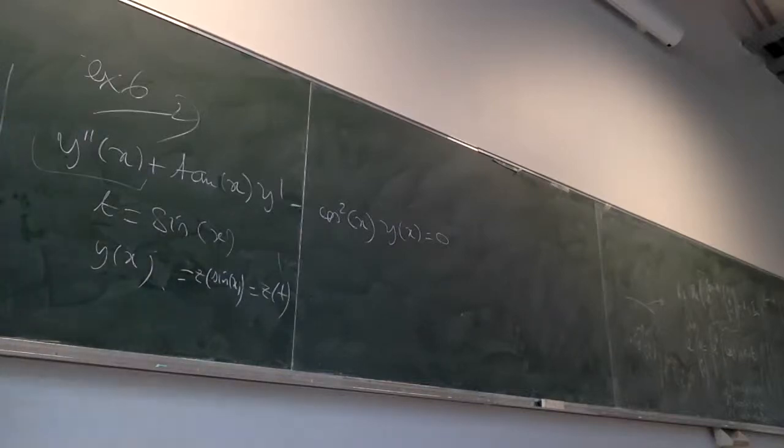So you could also use that y of x is, again, z of t, but how would you express the whole stuff? y of x is y of exponential of t. And so you would need to compute the derivative with respect to t to see what it means to do the derivative with respect to x.